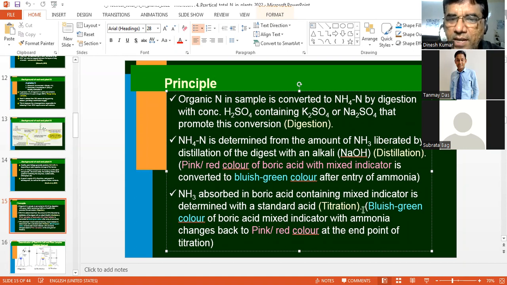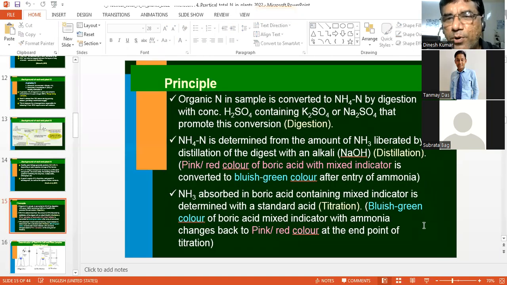This bluish green color will come back to the pink or red color on titration when you add titrant into the boric acid solution, at the end point of the titration. So these are the three important principles of determination of total nitrogen in soil or in plant.